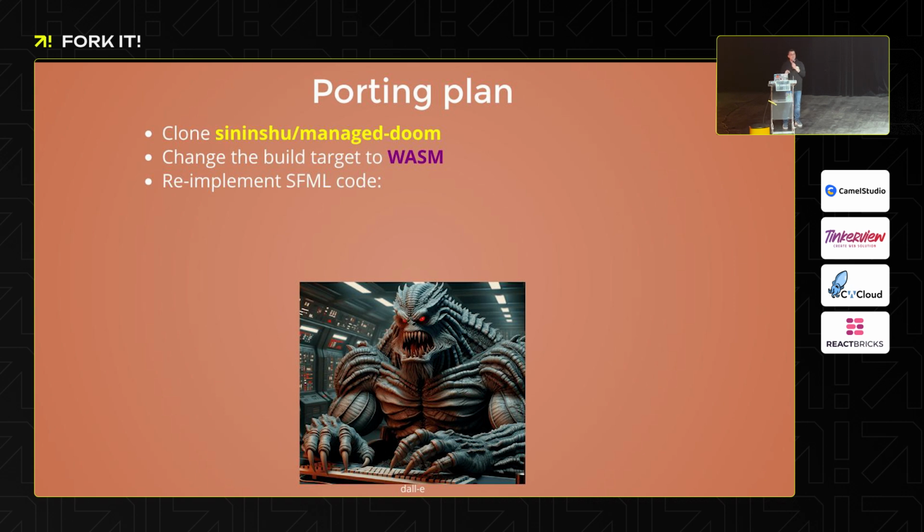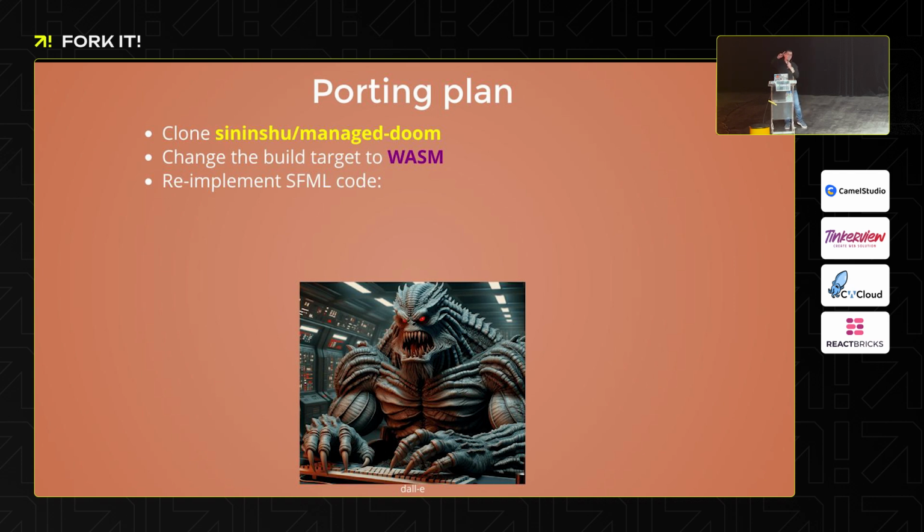So this is the strategy, the agenda, or the plan that I followed to make the port. And you will see it's very easy, very simple and accessible to everyone. So what I did first is to clone the Managed Doom repository. And as the first presentation of the day said, it's okay to copy because here I'm trying to bring something new, to learn, and to have fun. And I changed the build target to WASM, not desktop, but WebAssembly, or browser WebAssembly.